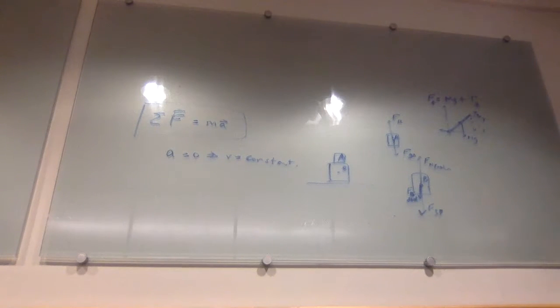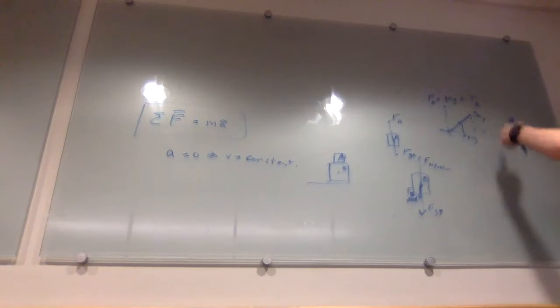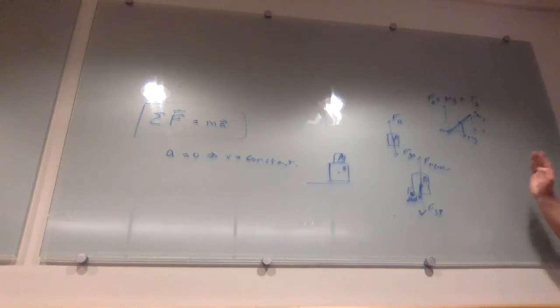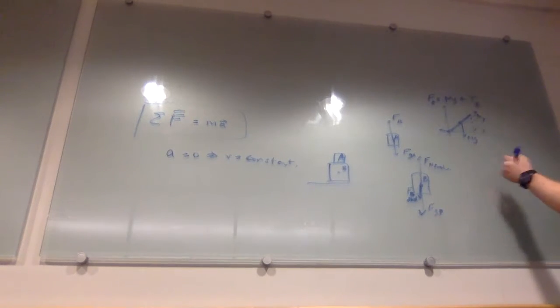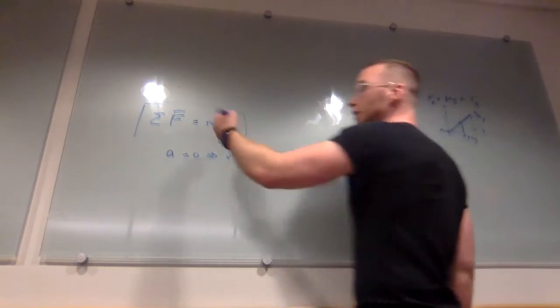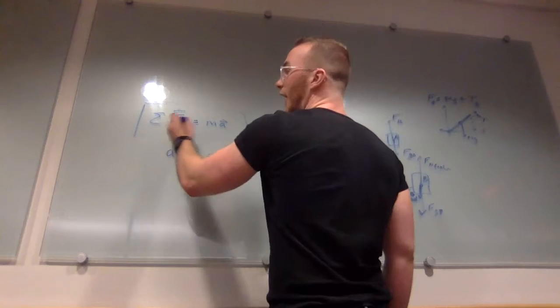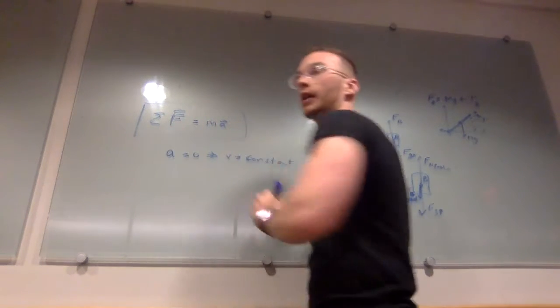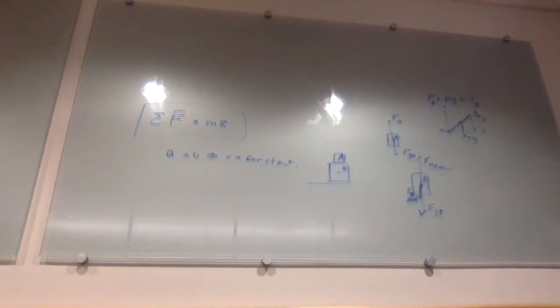But of course, it's still true that the sum of the forces has to be ma, right? And so if it's in 2 dimensions, just to make it easier, you actually have 2 equations because you could decouple them: Fx is max and Fy is may, right?